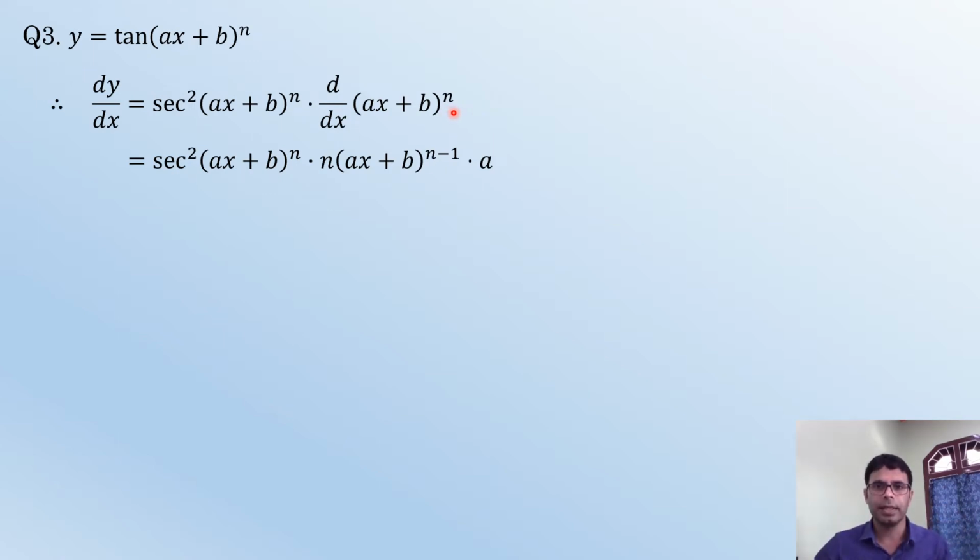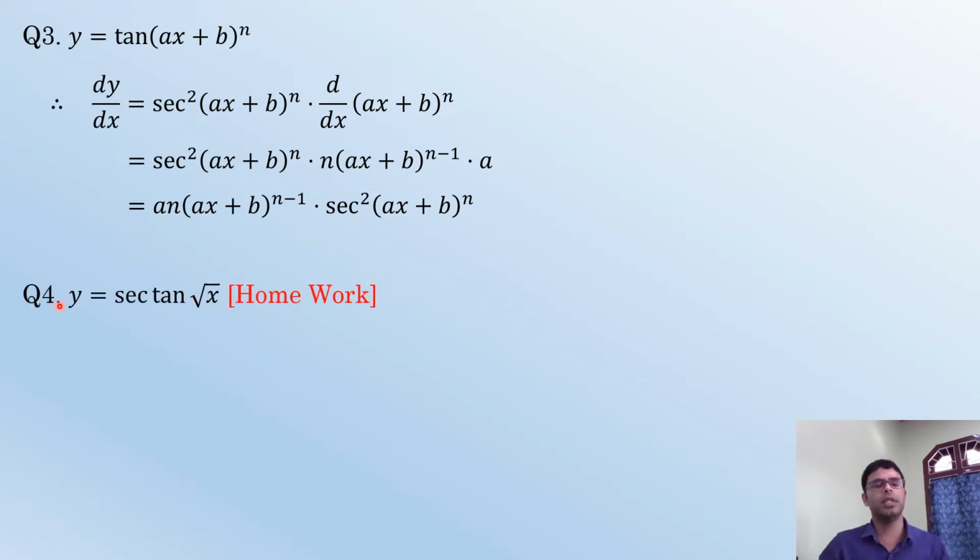So it is n into (ax plus b), considered as x, to the power n minus 1, into d/dx of, again this term considered as x, so d/dx of ax plus b is simply a, because the differentiation of x is 1, and b is a constant, so its derivative is 0. So this is the solution for the question. You can write it like this: a into n here, this term is written here, and sec square is written here, and it completes the solution of the problem.